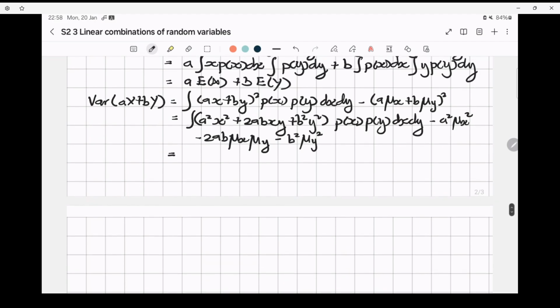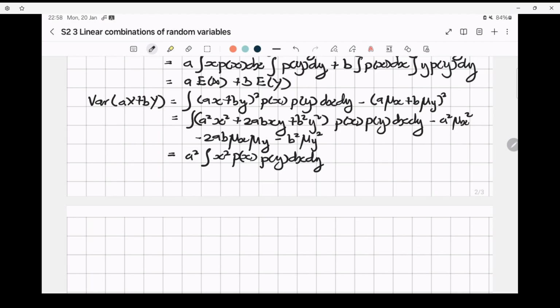So now, again, repeat the same step. You have a square, x square px py dx dy.